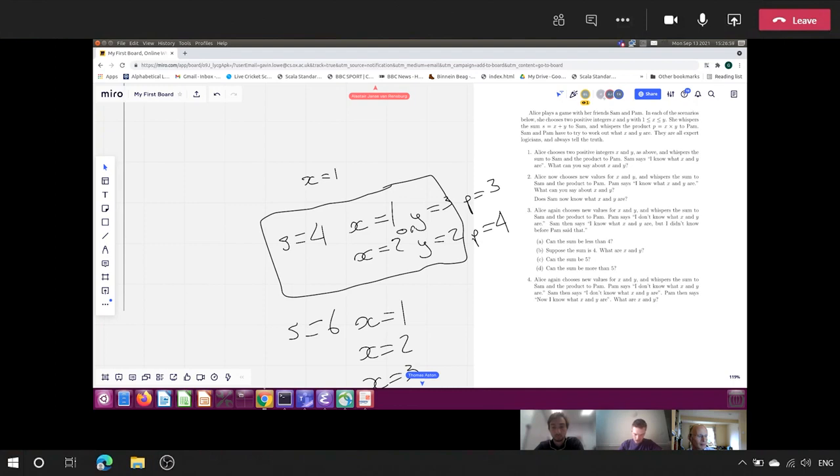So y equals 5, y equals 4, y equals 3, which gives p equals 5, p equals 8, and p equals 9.